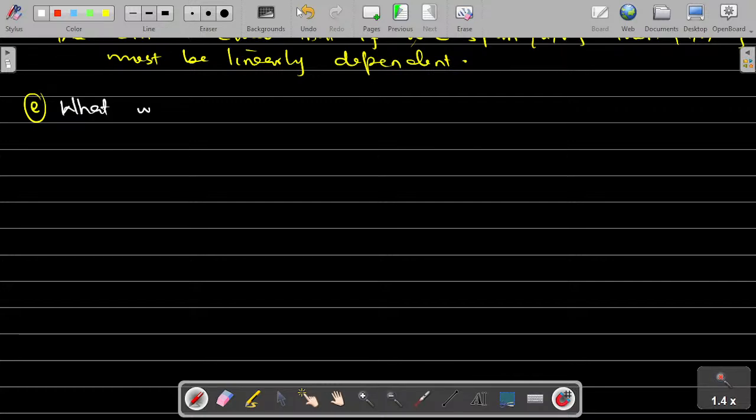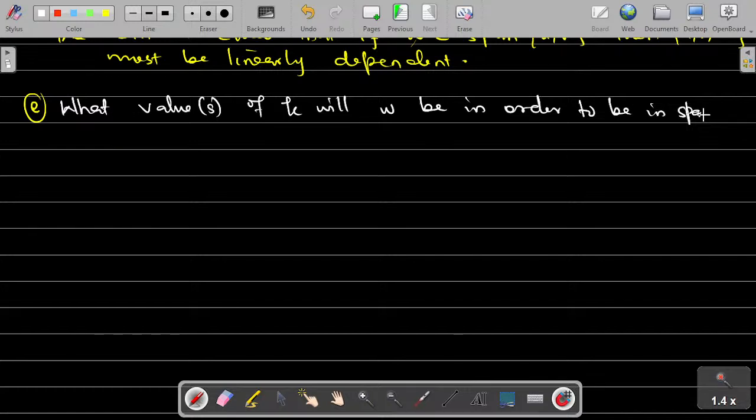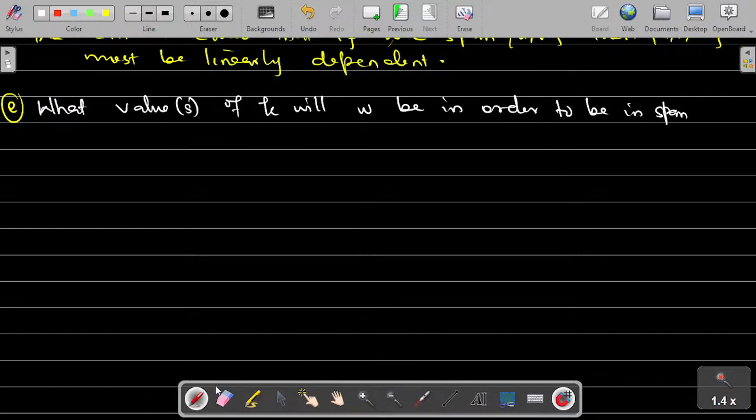What value or values of k will w be, in order to be in the span of v1, v2, v3?